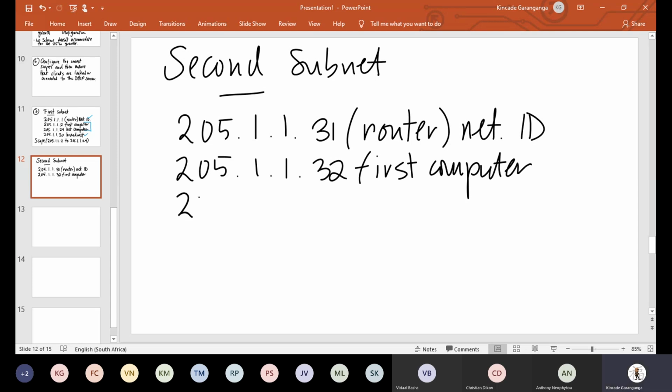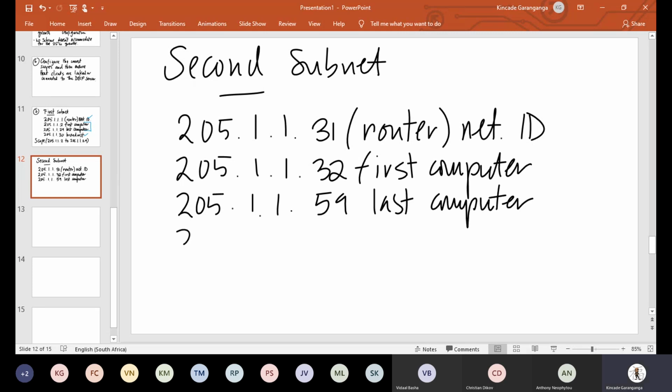And then remember it's 30 per subnet, right? So 205.1.1.59 is going to be your last computer. And then obviously 205.1.1.60 is going to be broadcast.